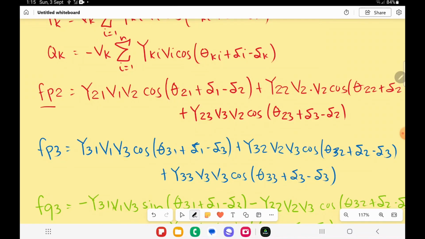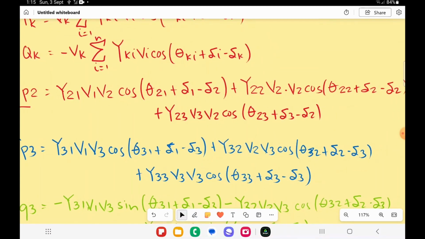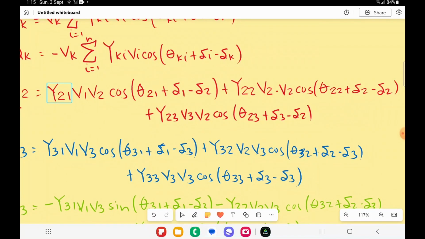So we will get the partial derivative of P2 in terms of delta 2. In the first term of this equation, we have delta 2. We have also delta 2 in the second term and delta 2 in the third term.